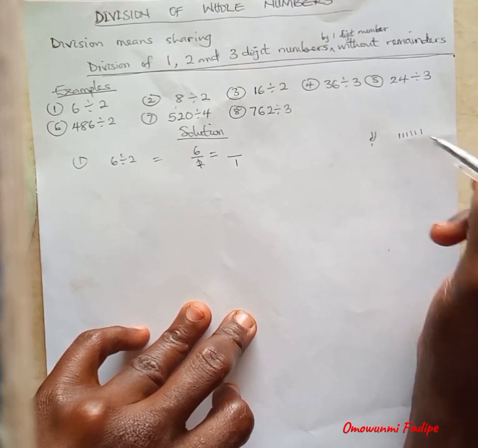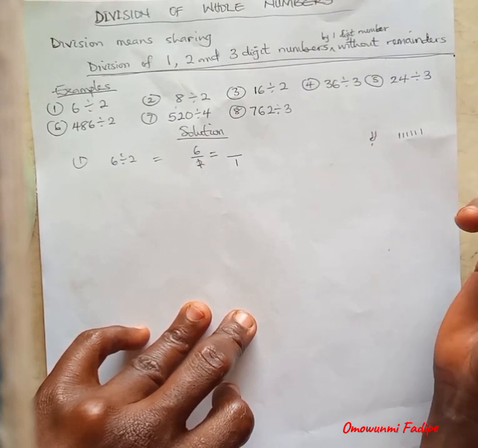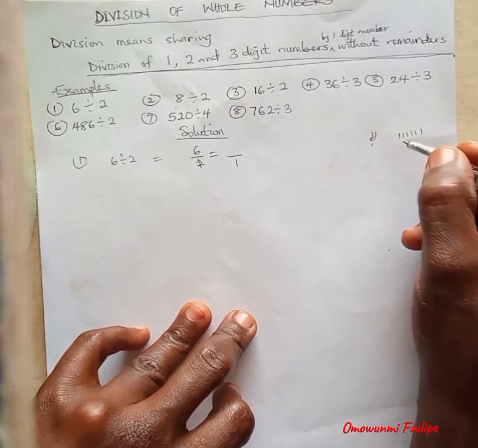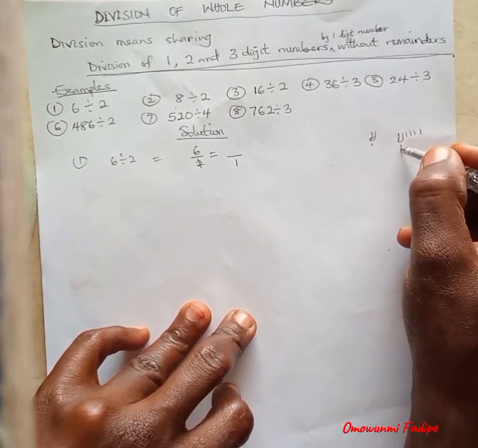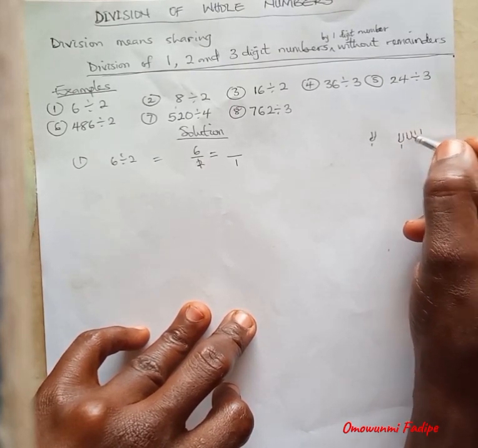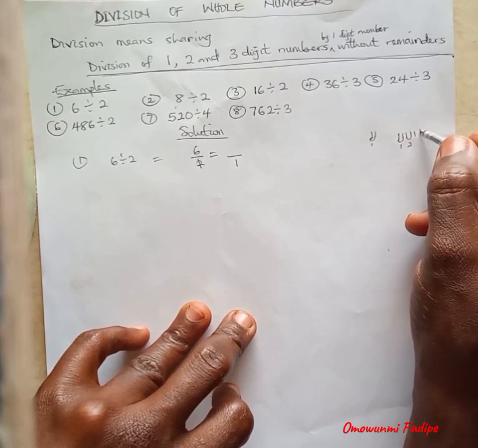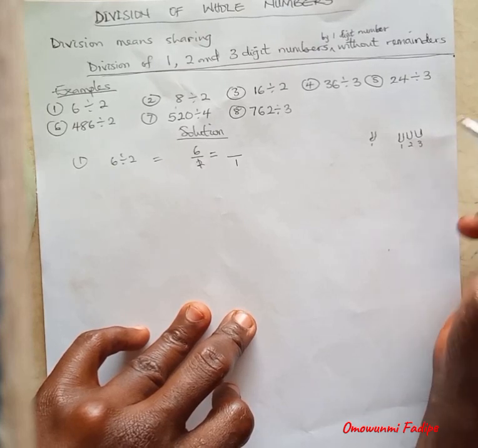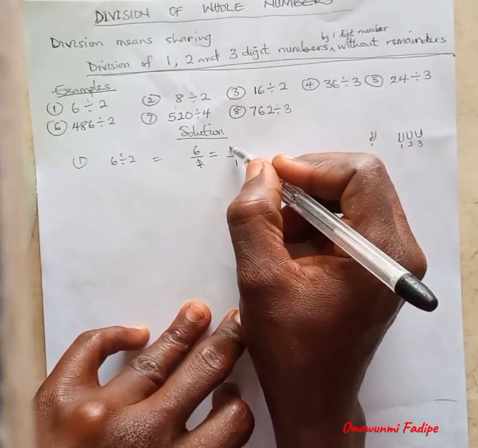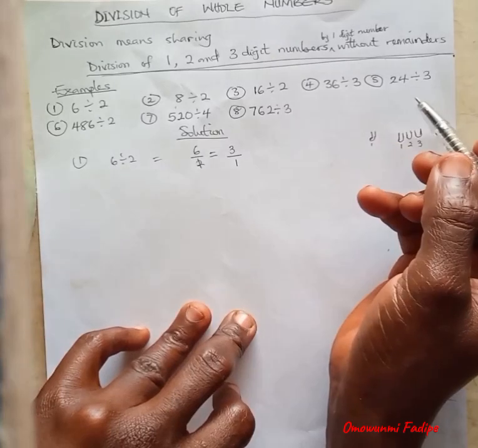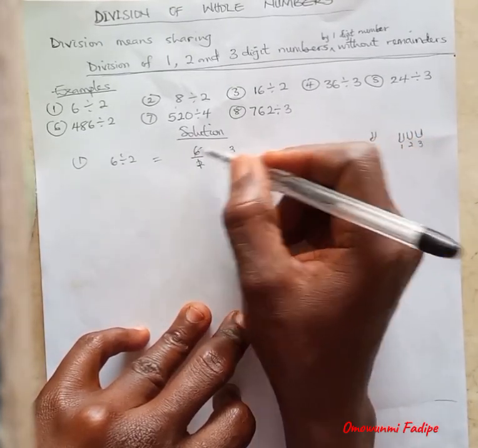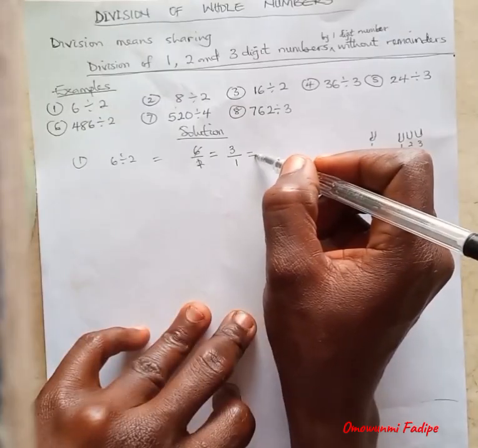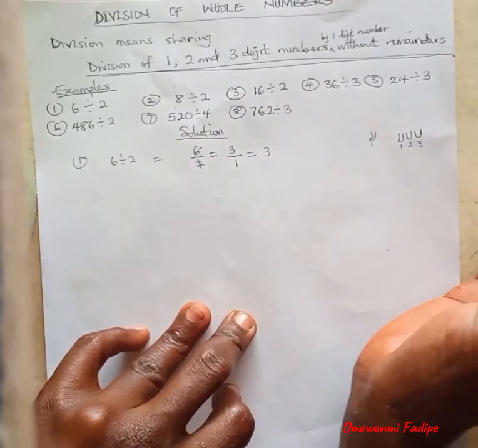I will count 1, 2, 3. That means inside 6, I'm going to see 2 three times. And 3 divided by 1 will give me 3.